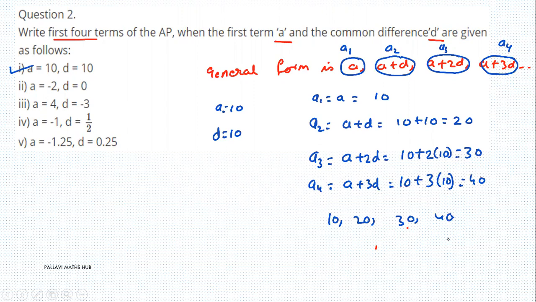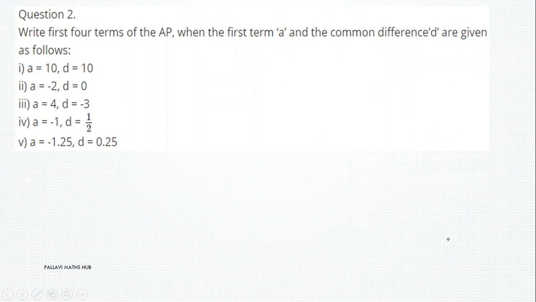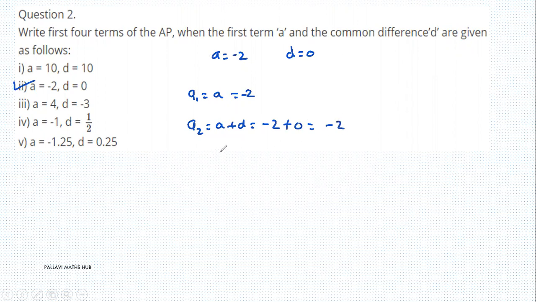Similarly, find the second question. a is equal to minus 2, d is equal to 0. First 4 terms. a1 is equal to a, which is equal to minus 2. a2 is equal to a plus d. a is minus 2, minus 2 plus 0, which is equal to minus 2.